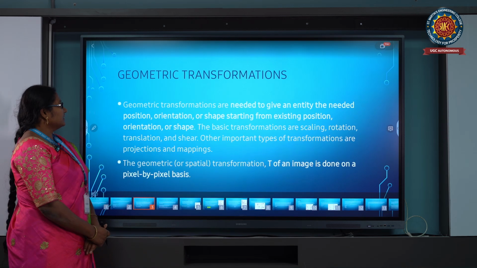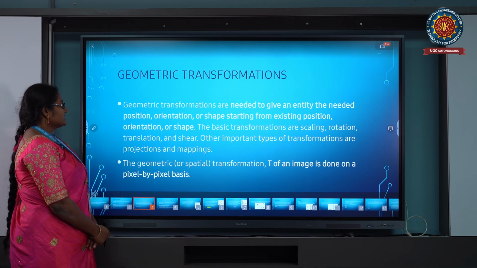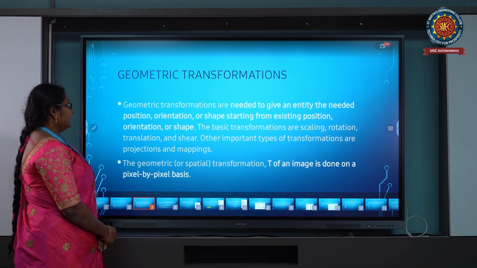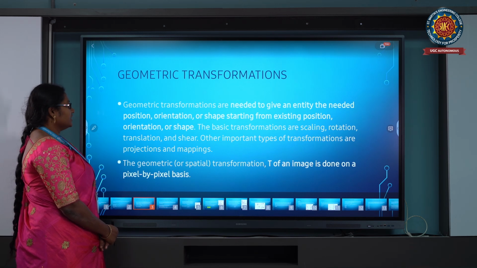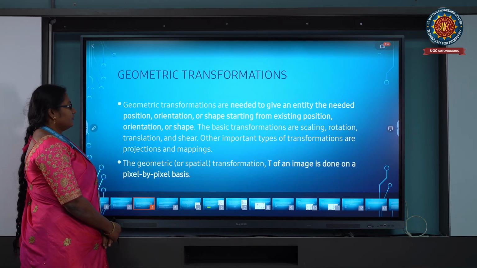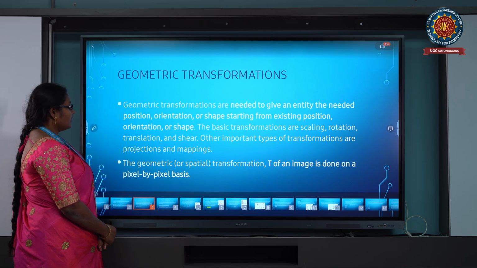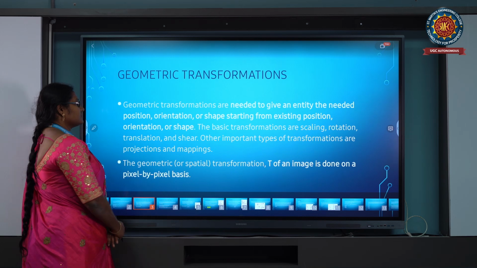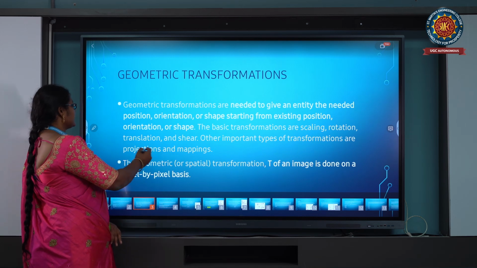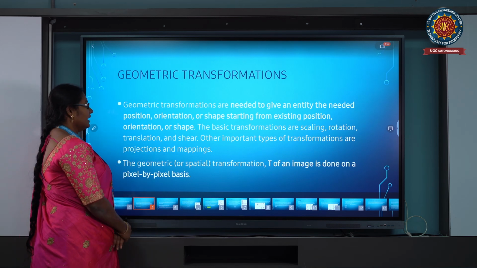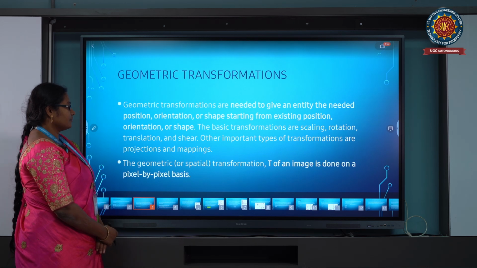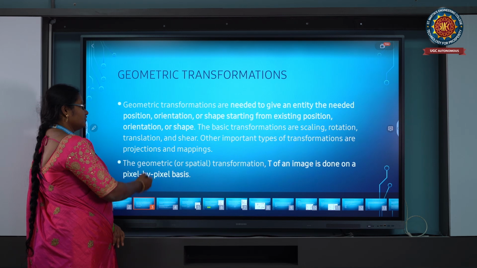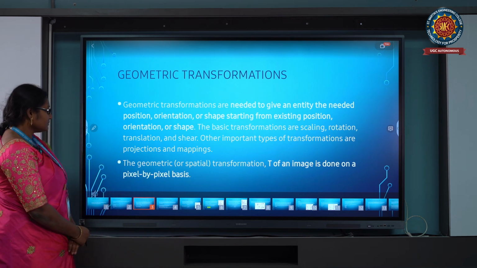So geometric transformations in computer graphics are needed to give an entity a new position, orientation, or shape from the existing orientation or shape. The basic transformations we discussed are scaling, rotation, translation, and shearing transformation. Other types of transformations are projections and mappings.